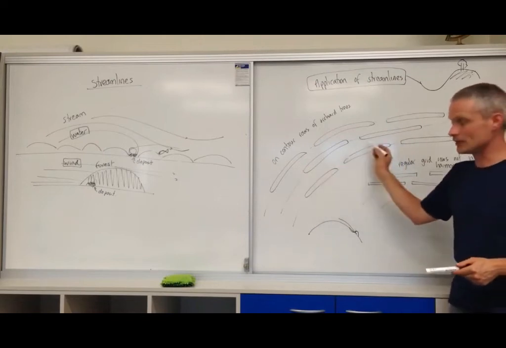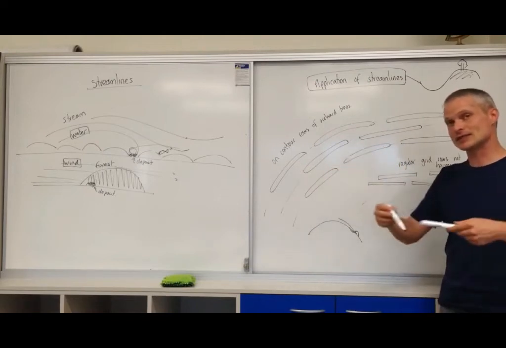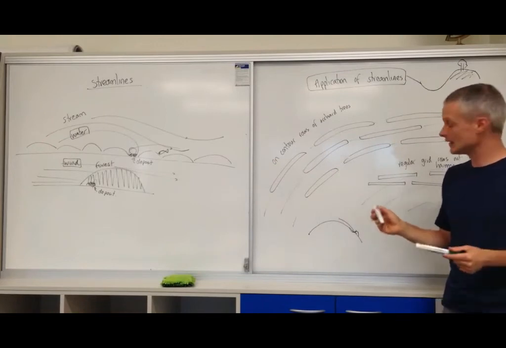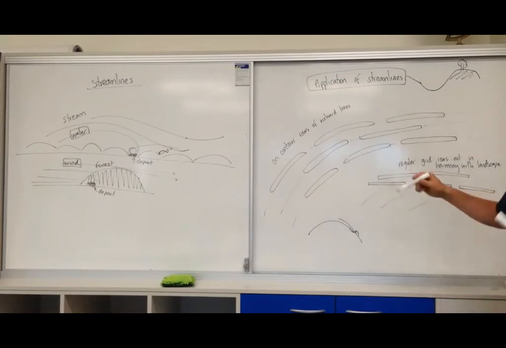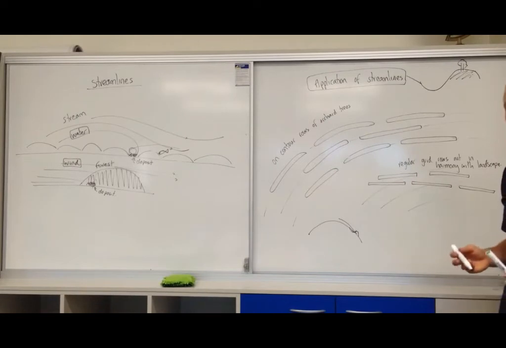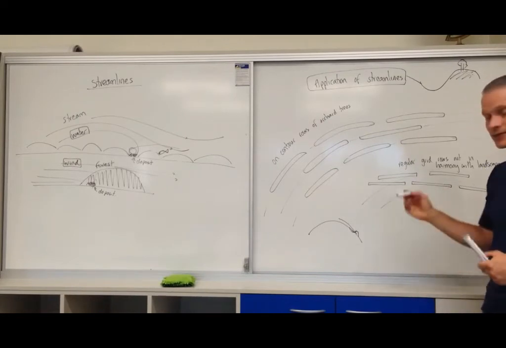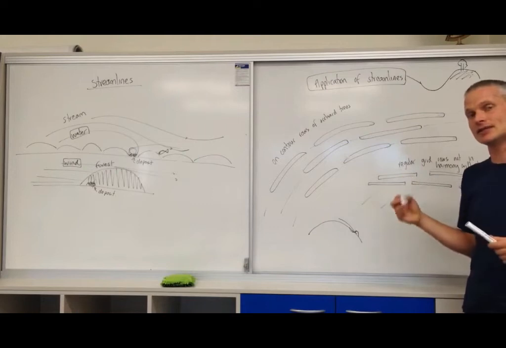So that patterning would be more in harmony with those elements that are flowing through your landscape than a pattern which is more this kind of grid, rectangular pattern that you commonly see in an agricultural system that is not in harmony with those elements.